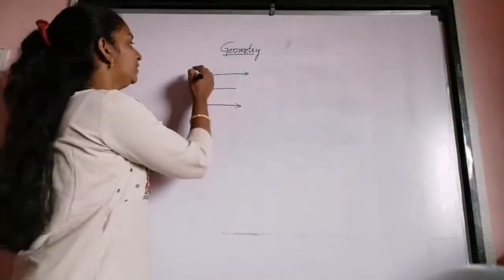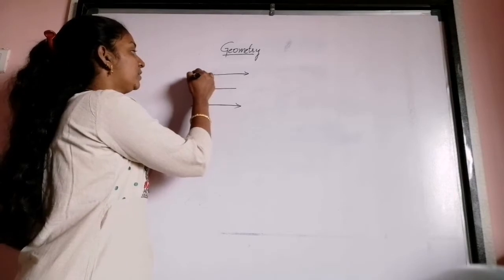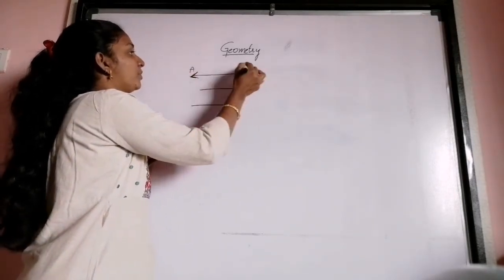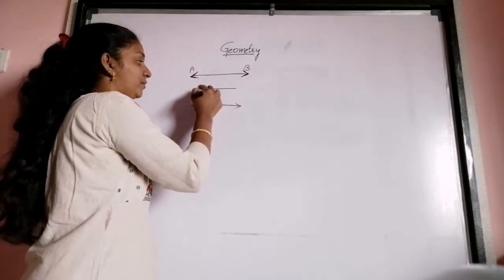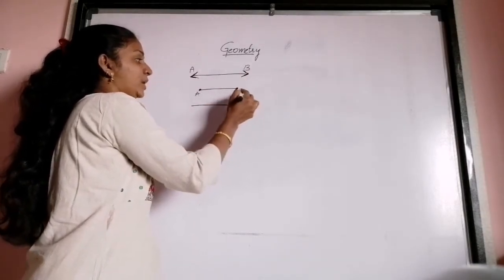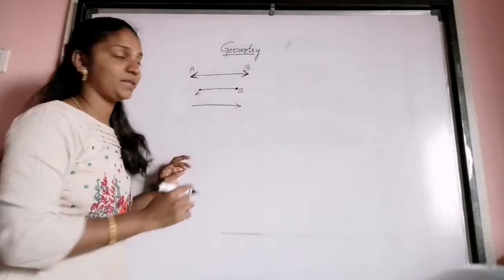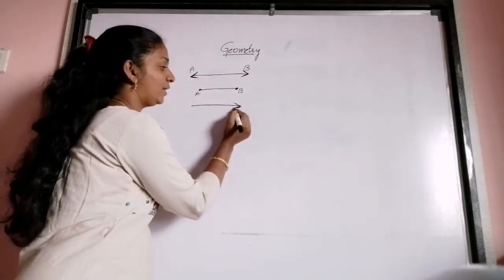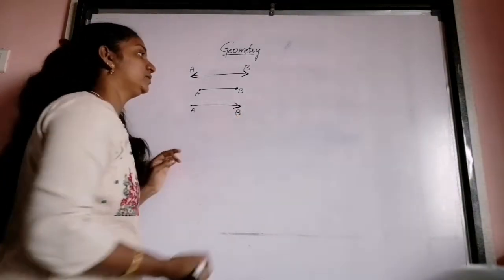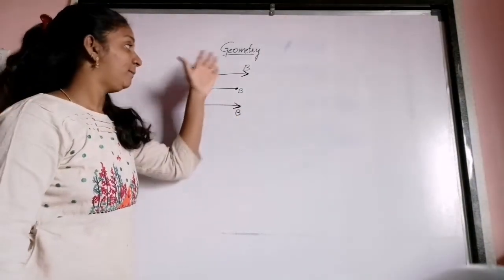Here you can see there are arrows for this line, there are dots for this line, and a single arrow for this line. So what does this mean?